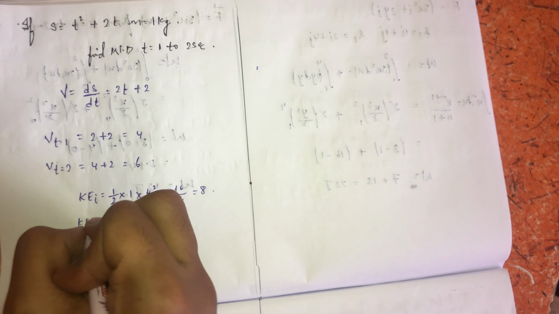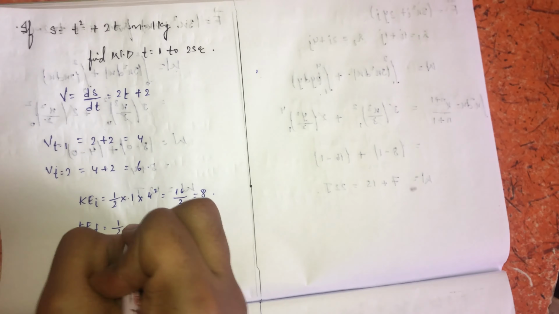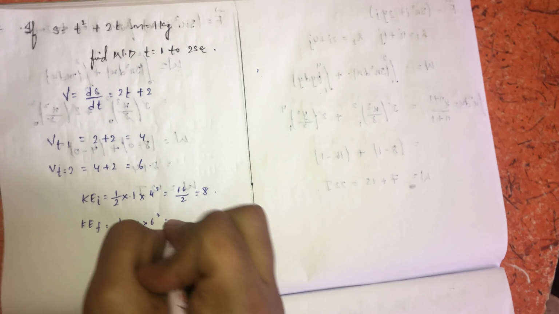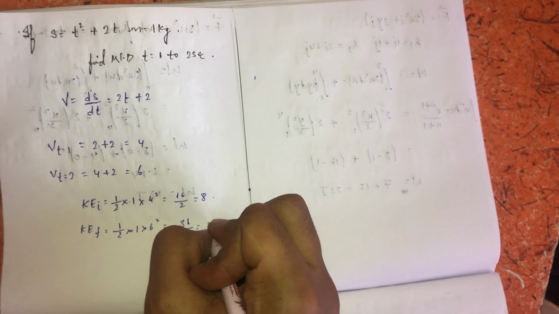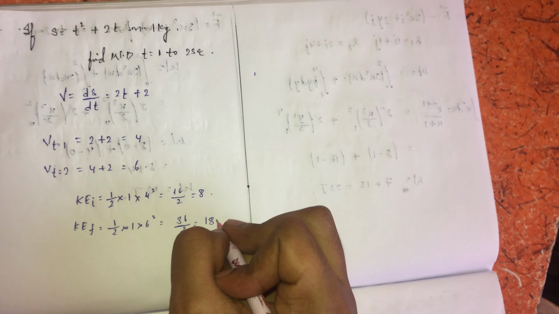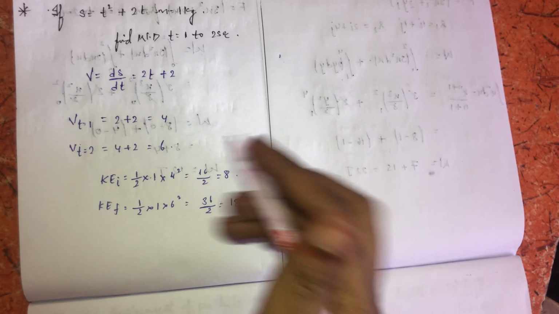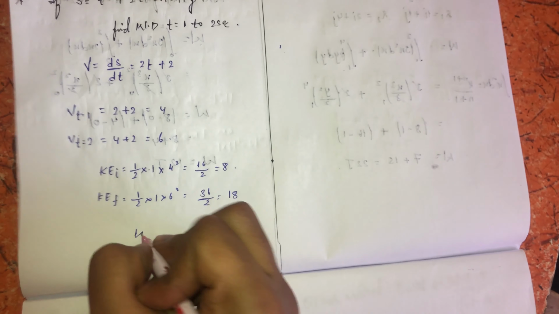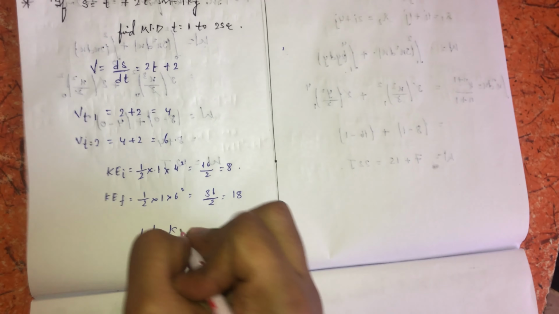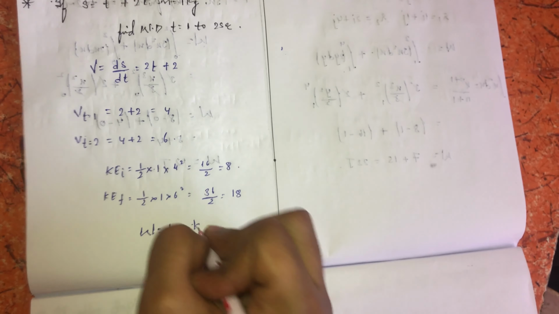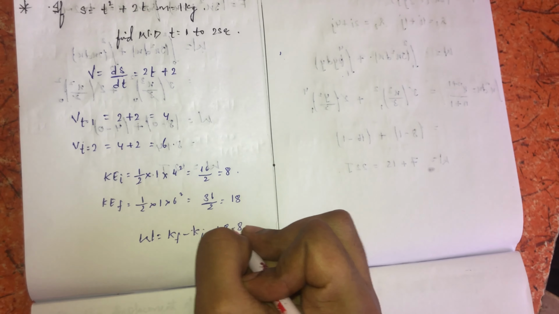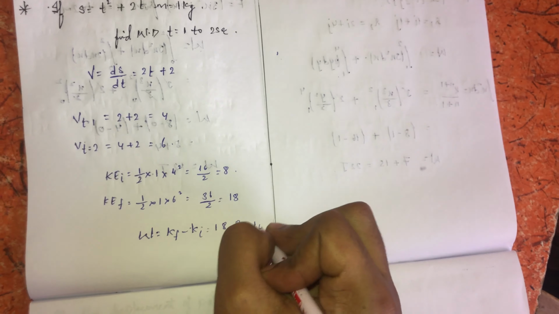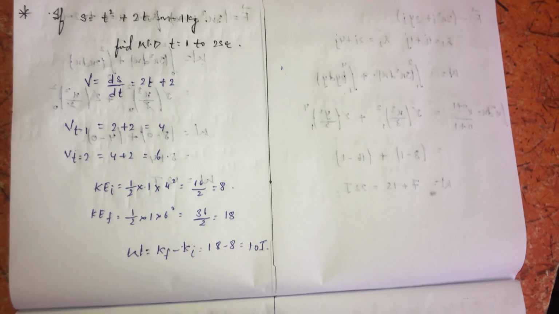Kinetic energy final will be equal to half, mass 1, 6 square, 36 by 2 will get 18. So work done will be equal to final minus initial. Work done is equal to K final minus K initial. We get 18 minus 8 will be equal to 10 joules. That's fine, easy.